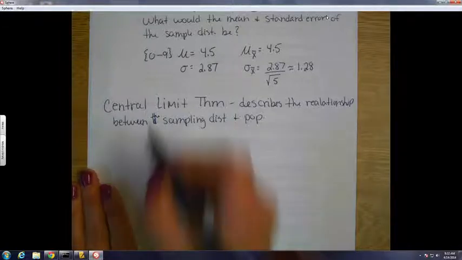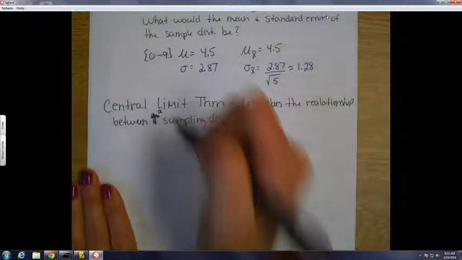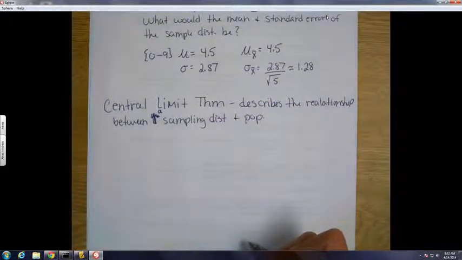Between a sampling distribution and the population. Okay, now I got it.